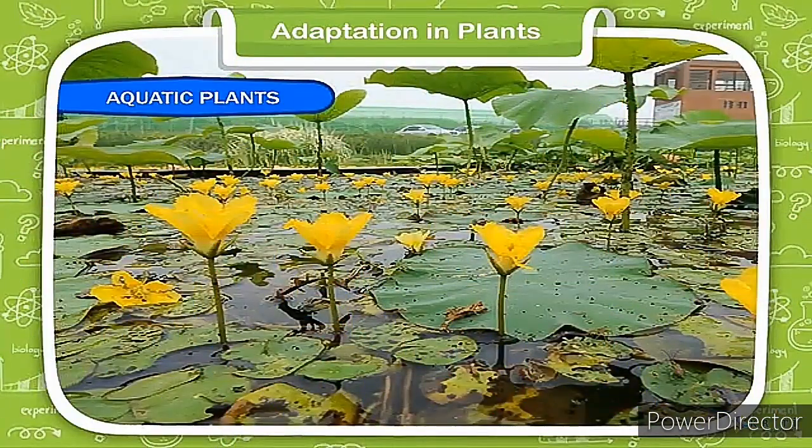In the previous class, we discussed the adaptation of land plants: plants that grow in mountains, plants that grow in plains, plants that grow in deserts, and also plants that grow in swampy and coastal areas.